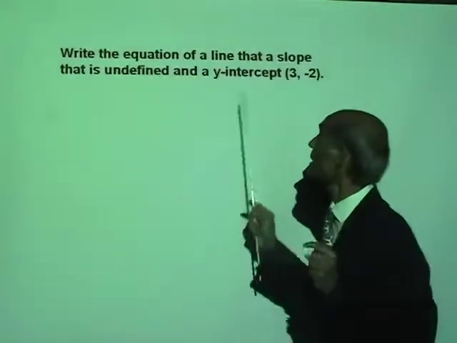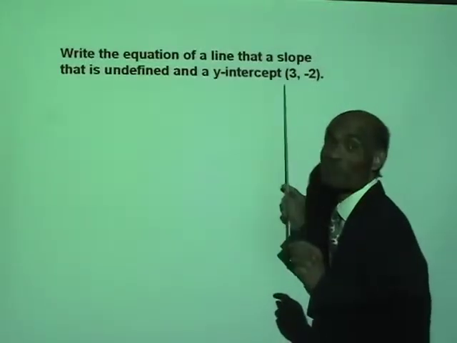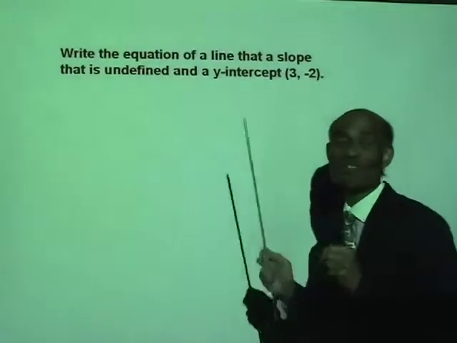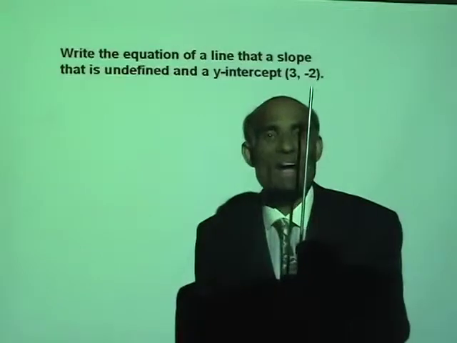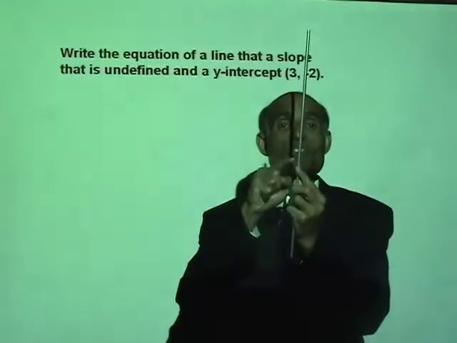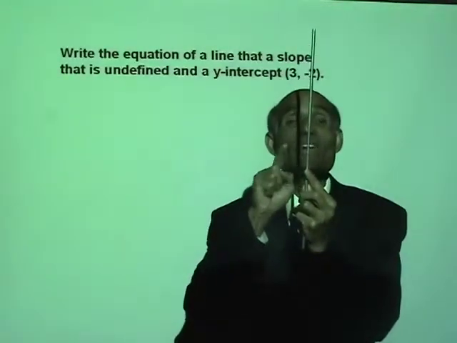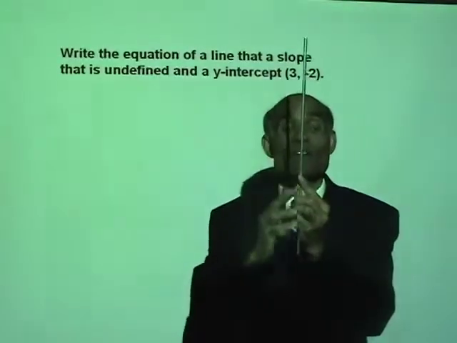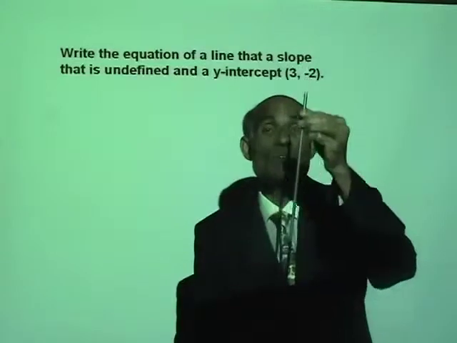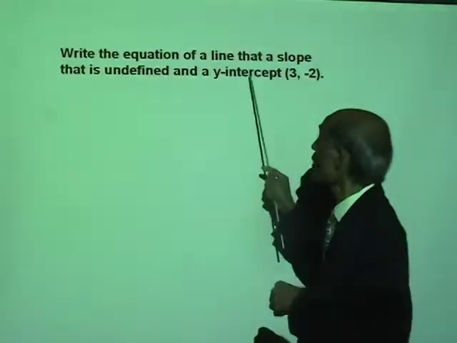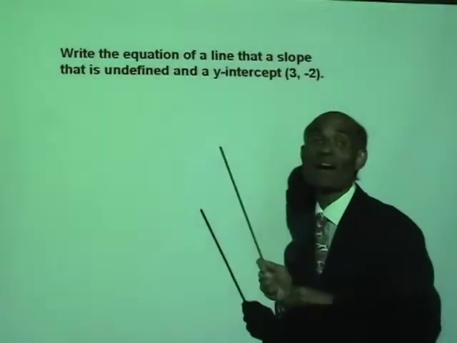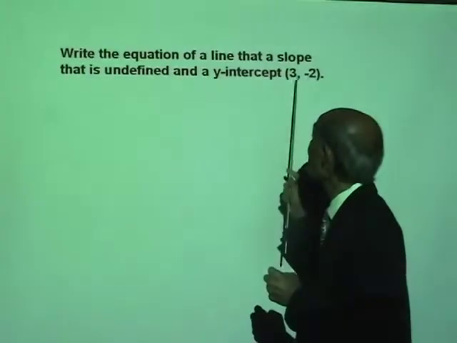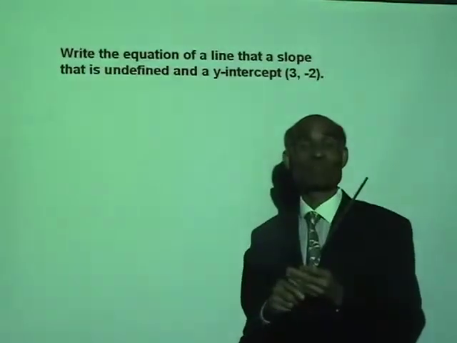Now, secondly, can a y-intercept be represented by a point like this? What is a y-intercept? A y-intercept occurs where the x value is 0 along the y-axis. Along the y-axis, the value of x equal to 0. So you cannot have a y-intercept given by this point.